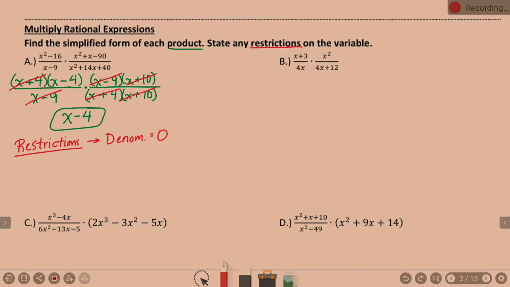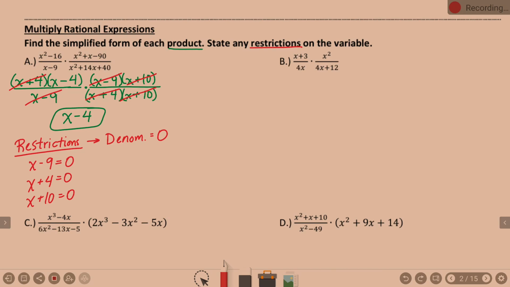Okay? So in terms of denominators, we had an x minus 9 in the denominator. We had an x plus 4 in the denominator and an x plus 10 in the denominator.